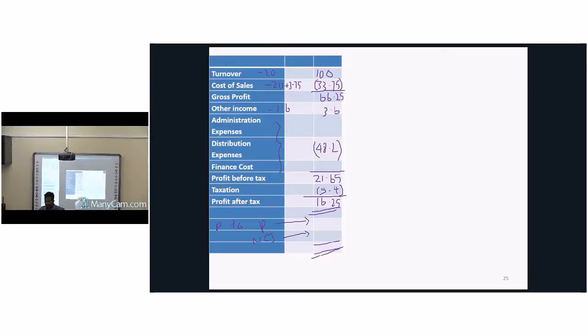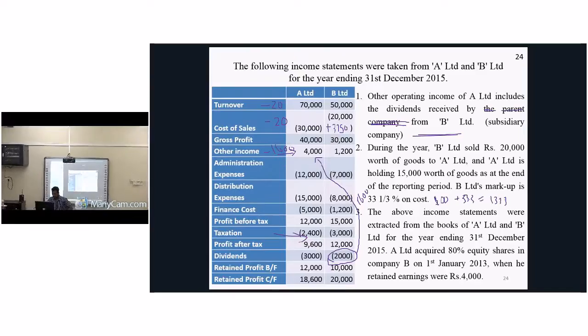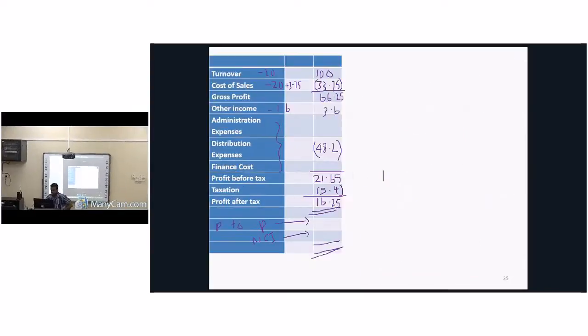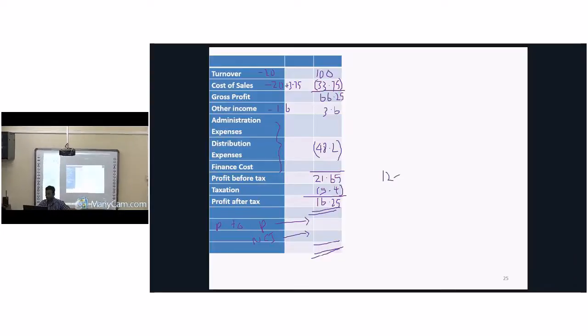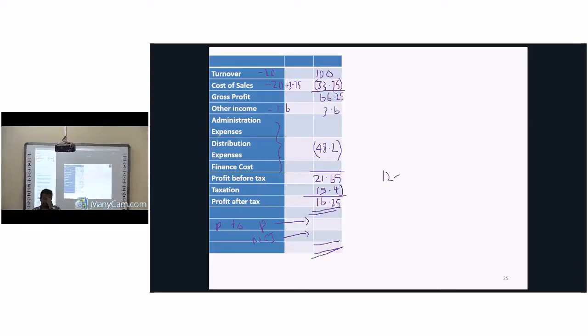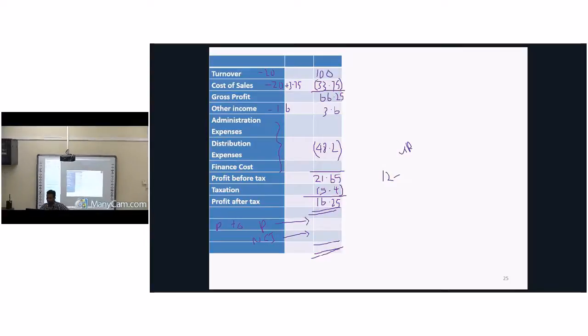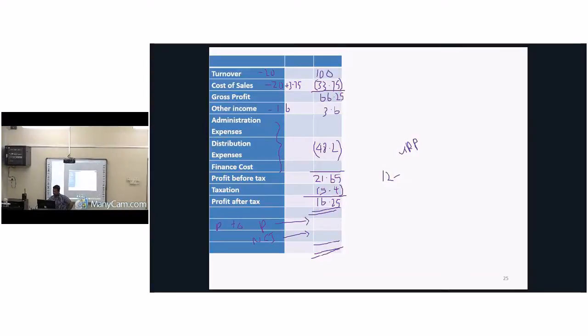What is the profit of the subsidiary? Profit of the subsidiary for the year is 12,000. Look, 12,000 minus, can you remember, adjustment? We did one adjustment, it is unrealized profit. This time unrealized profit was adjusted to the subsidiary's retained earnings.